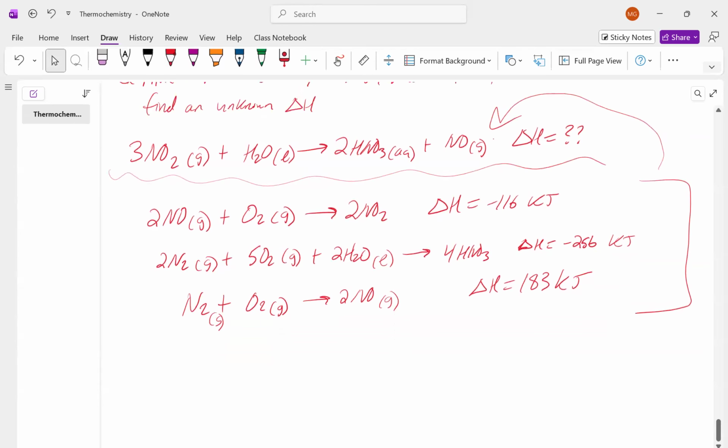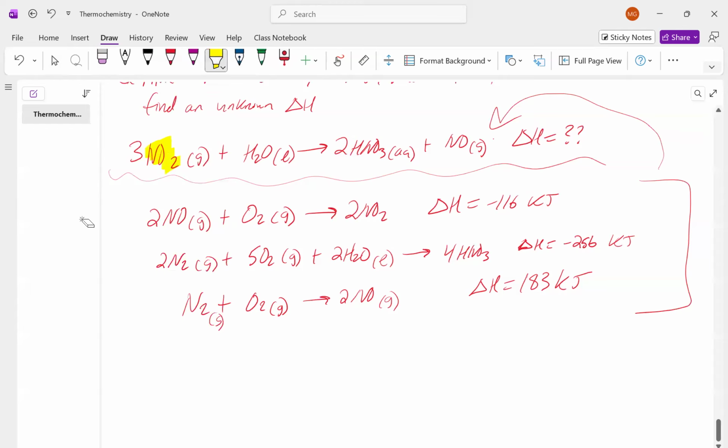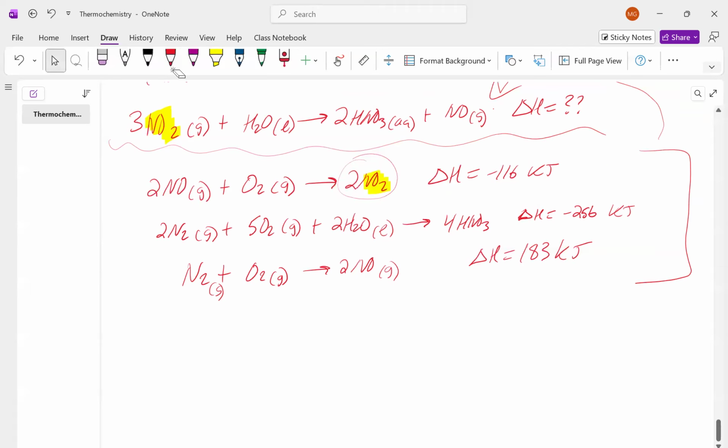So let's start with NO2, because there's an NO2 there, and then there's an NO2 over here. Notice that over here, the NO2 is on the product side. I need my NO2 to be on the reactant side. So I'm going to rewrite this equation to put it on the reactant side. I'm going to flip it around.